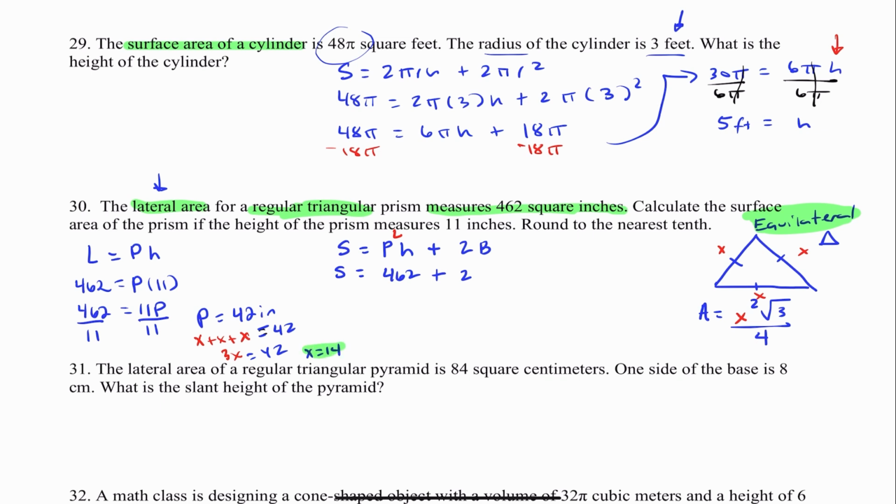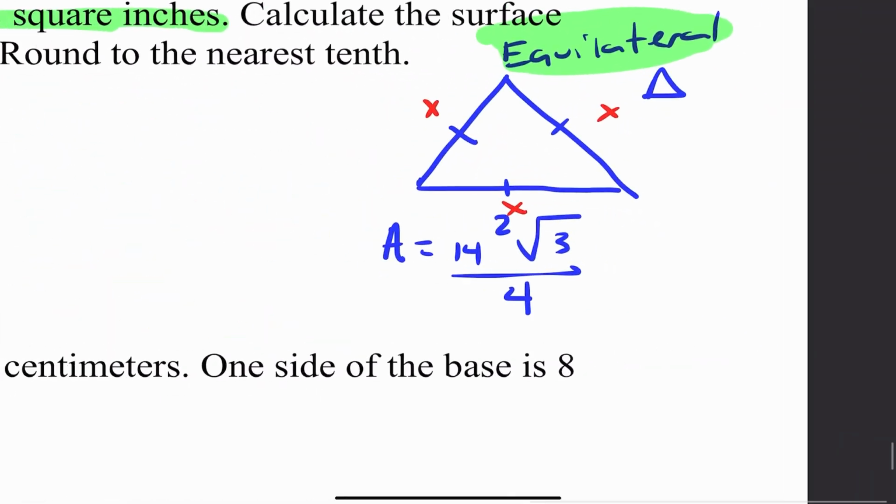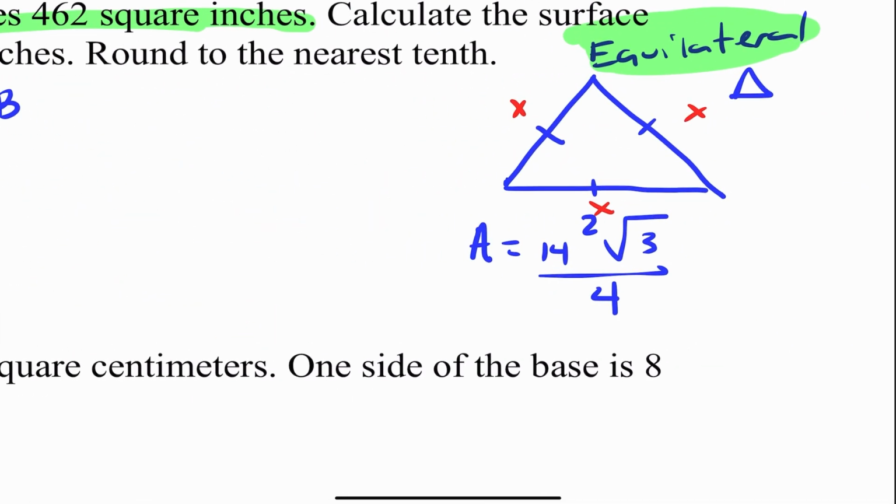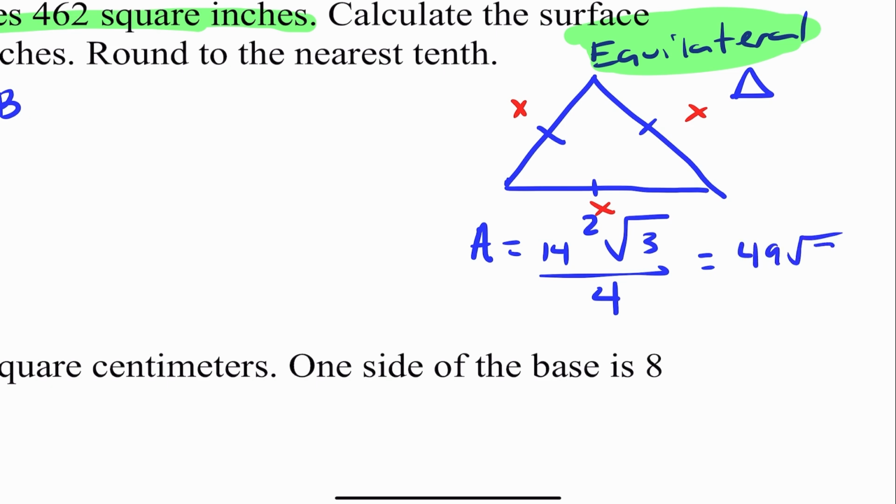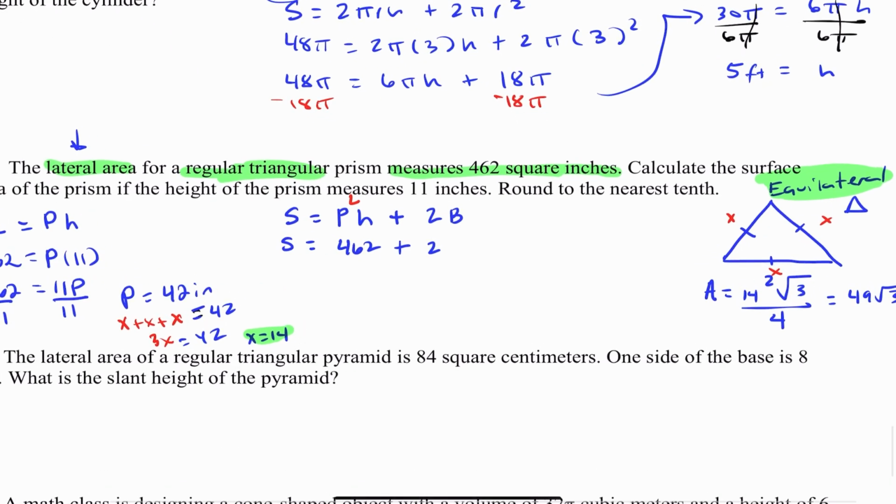That is actually 14, right? So it's going to be 14 squared root 3 all over 4. And that is going to give you, so 14 squared, what's 14 squared? 14 squared is 196, and you divide that by 4. That should give you 49 root 3, okay?